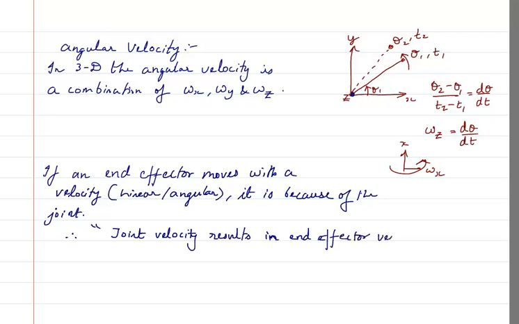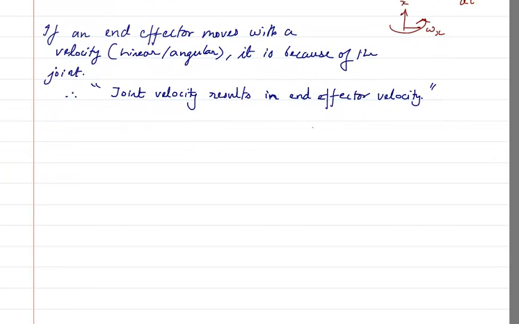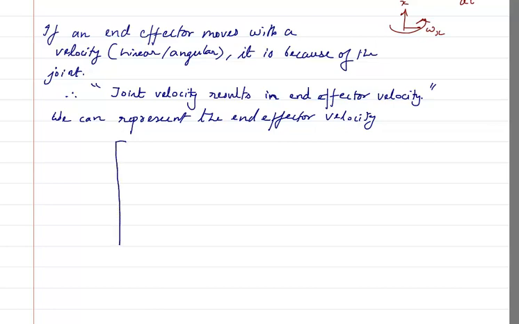So if that is the case, then the end effector velocity we can represent as a vector which has first a velocity in x direction, a velocity in y direction, and a velocity in z direction.